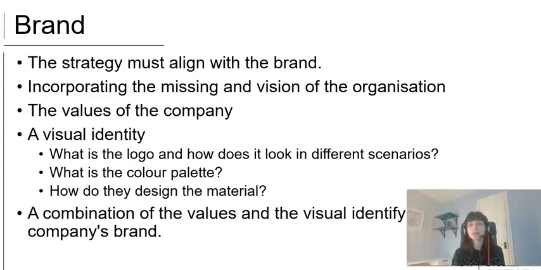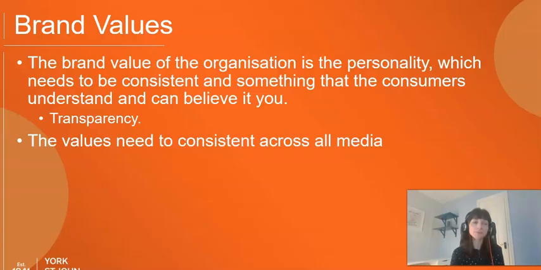So the strategy for an organisation must be aligned with where the brand's going. It incorporates the mission and the vision of the organisation, and it's all about what they stand for. So it comes across through the colouring, through the design, through every touch point that we have. It's a combination of both the visual identity and the experience that we have.